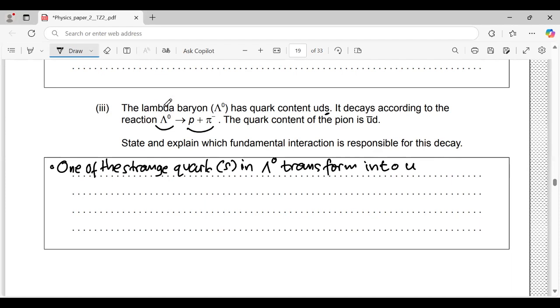So the strange quark from the baryon transforms into an up quark, right? And into here, the final state.